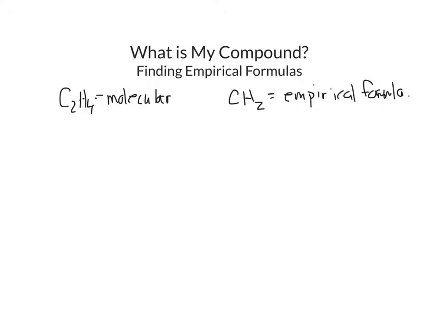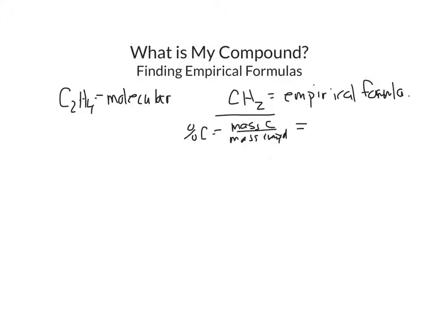Furthermore, let's remember that if we know the molecular formula, or in fact the empirical formula of a compound, we can find the percent by mass of each of the elements in that compound. So let's see how we would do that. Remember that percent by mass, so percent carbon, for instance, would be the mass of carbon in the compound divided by the mass of the total compound. So I could use the molar mass of carbon.